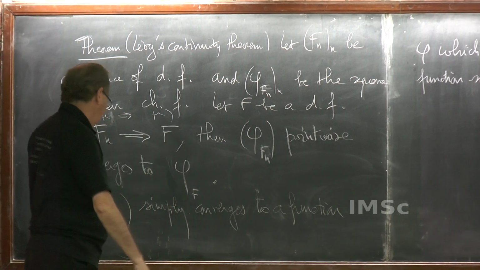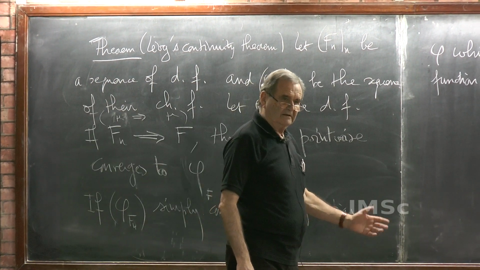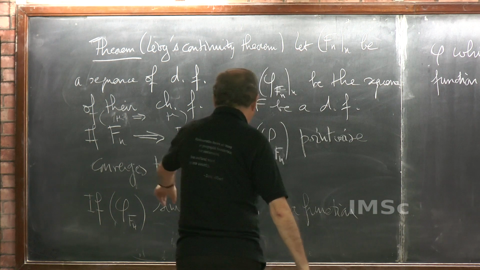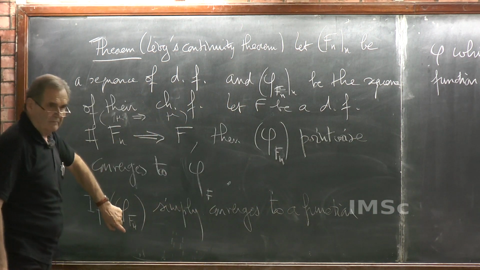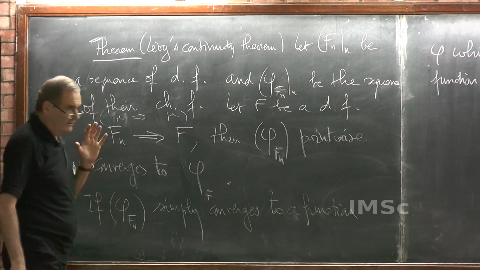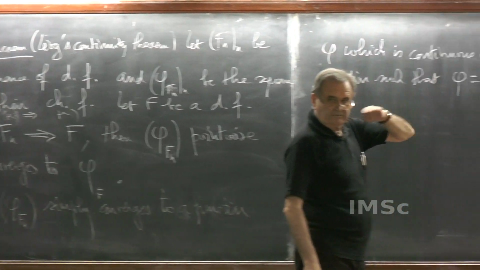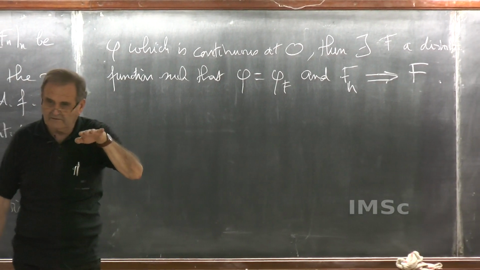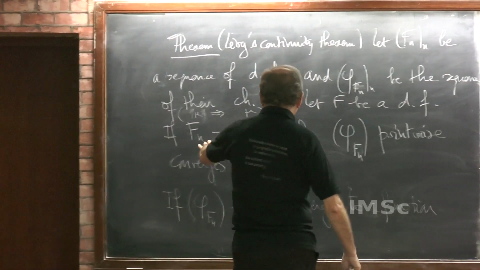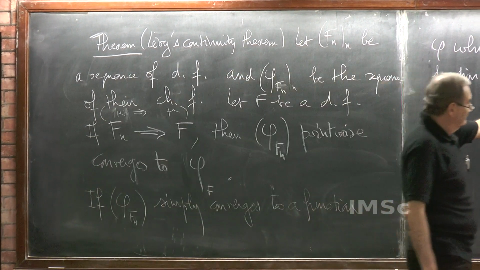What is the interesting part is that if you say that it simply converges, then it's not enough to ensure weak convergence of the measures they represent, of the Fn. But there is something which is not too complicated to add, which is continuity at 0. If it converges towards something which is continuous at 0, then you are happy. It is a good criterion to say that it will converge weakly. Of course, if it converges weakly, then it means that phi is phi f.